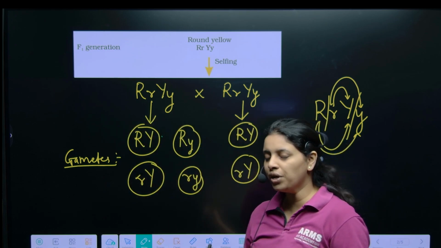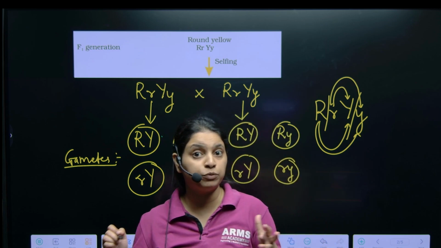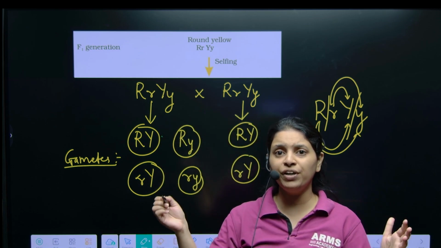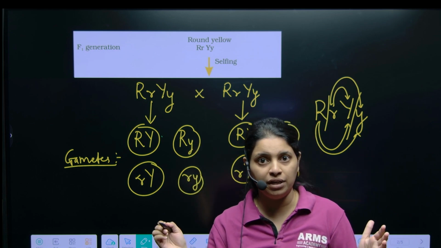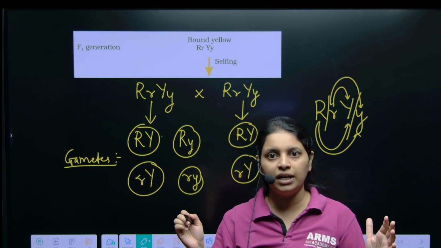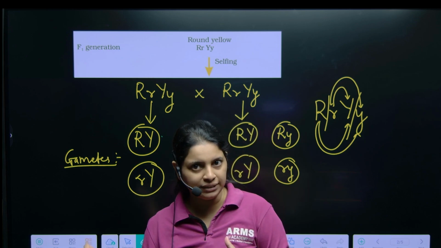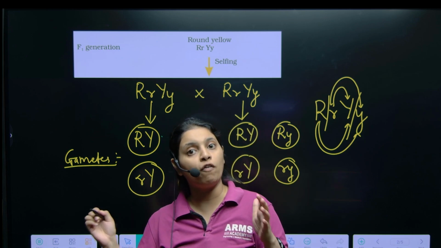Now, to represent all the possible types of gametes and all these 16 offsprings, we simply make a table which is called a Punnett square. It's a very easy way to represent all the possible gametes and all the possible offspring.